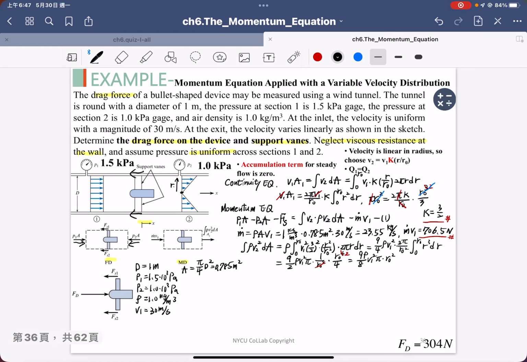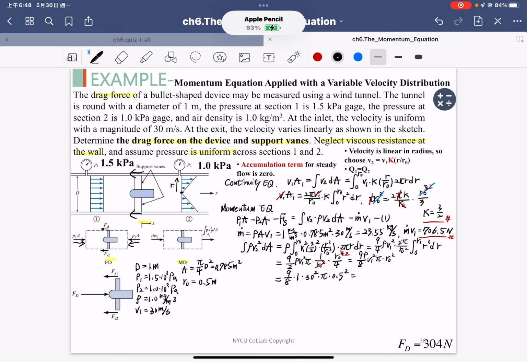So we put all of the numbers inside here: 8/9 multiplied by the density 1, and V1 is 30 squared, and pi, and R0 here is half the diameter, so it's 0.5 meter. So 0.5 meter. Okay, so we can use the calculator to compute the answer.